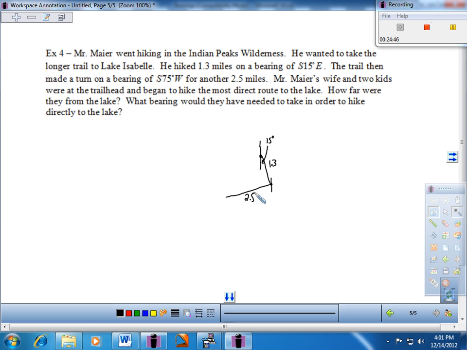That would be my 2.5 right in there, and I'm going to put my 75 degrees right in there. Excellent. And here is the lake. Here is me smiling. Perfect. Now, here everyone would be my wife and kids. They're going to walk directly to how far and on what bearing. Awesome. Good.